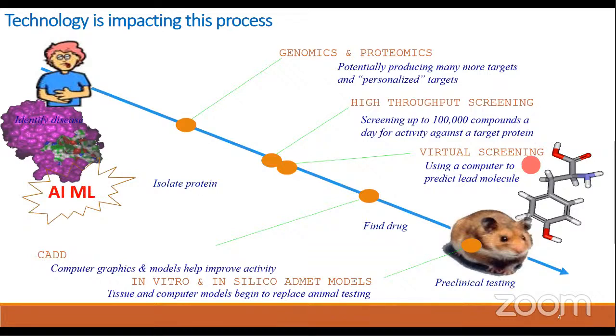Now coming to the latest feature, everyone talks about artificial intelligence and machine learning. Machine learning is not new to computer-aided drug design. We have seen QSAR studies, a mathematical relationship between physicochemical properties and biological activity. A similar approach can be used in machine learning. Artificial intelligence is a little newer idea.